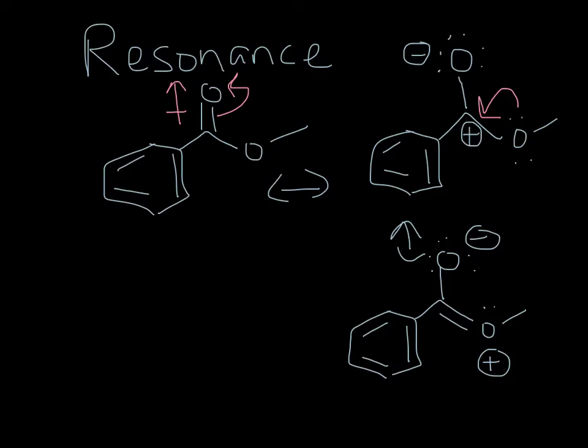So from here then, I can either redraw this structure right here if I want to, or I can just start from where I am. I can move two pairs of electrons at a time. I can take a pi bond and move them out as a double bond there, and then kick these electrons back onto the oxygen there.